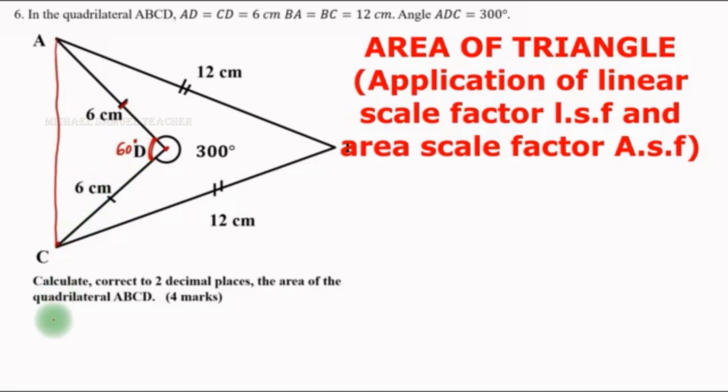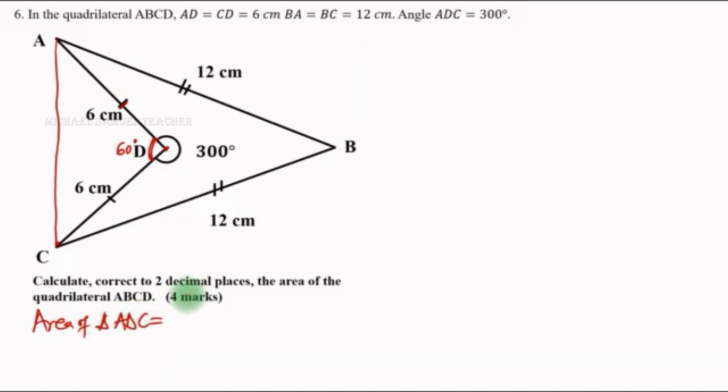Therefore, to get the area of triangle ADC, given by a half AB sin theta, this will be a half times 6 times 6 times sine 60 degrees.